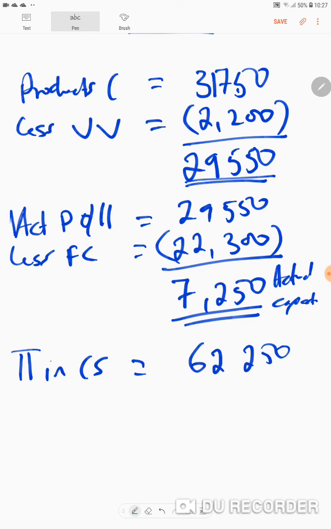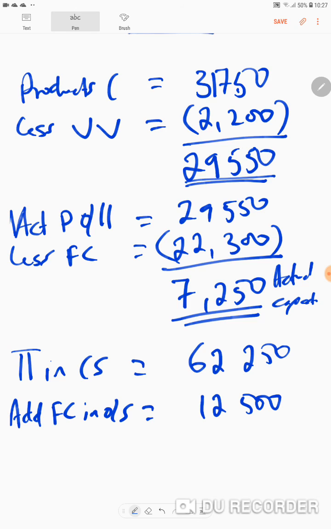So we want to reconcile the profit that you would have gotten applying the variable costing method. So how do we do it? So I am saying we are going to add fixed costs in opening stock. Why? We are adding them back because opening stock, if you look at our income statement, is reducing our profit. But then we are saying our opening stock under absorption costing was overstated by the inclusion of the fixed costs. So we are going to add back the 12.5 fixed costs.